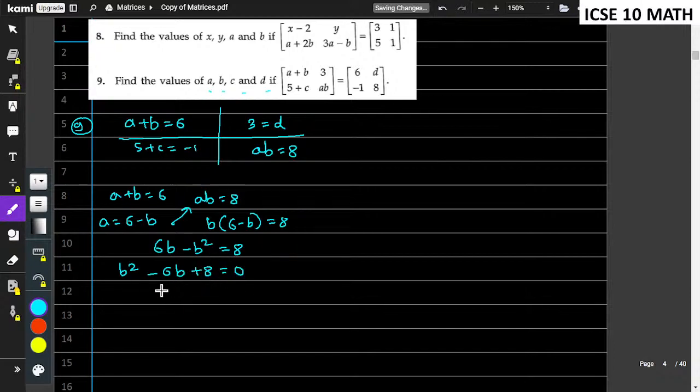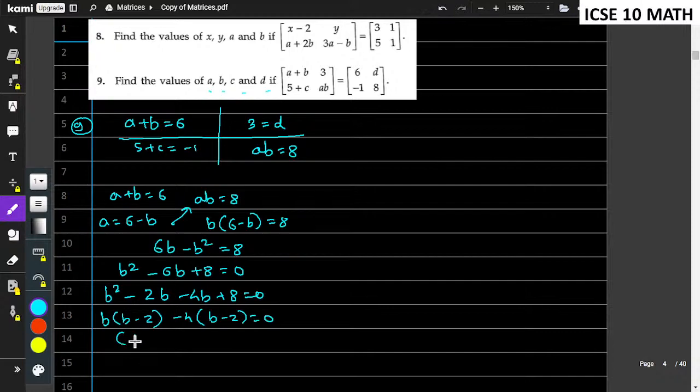So here we need to have two factors, two numbers where product is 8 and their algebraic sum is minus 6. So 4 and 2 are. Alright, so b square minus 2b minus 4b plus 8 equals 0. So let's take b common here, b minus 2, then minus 4 common, again b minus 2 equals 0.